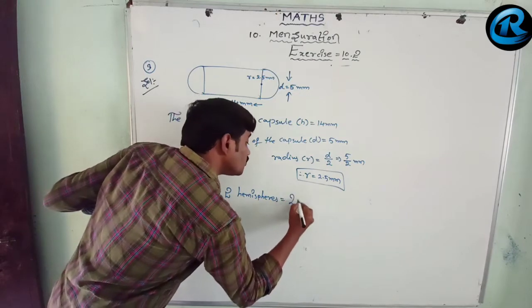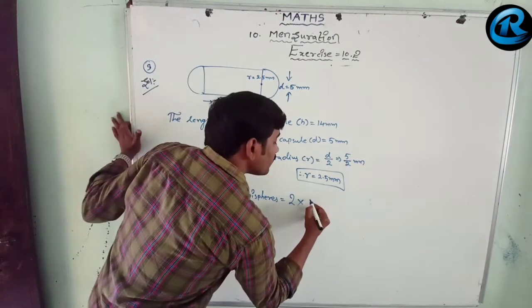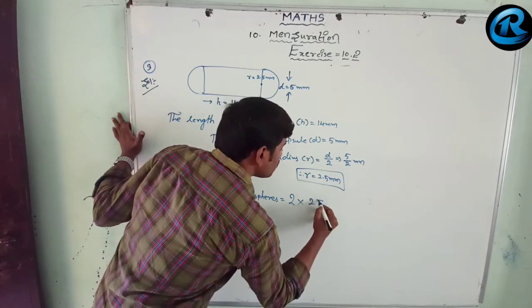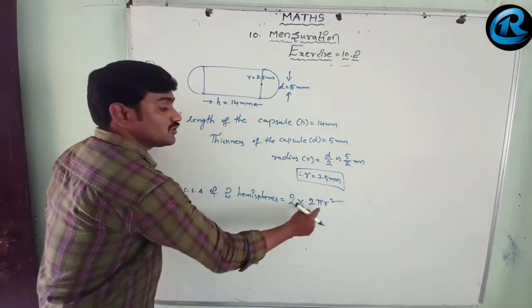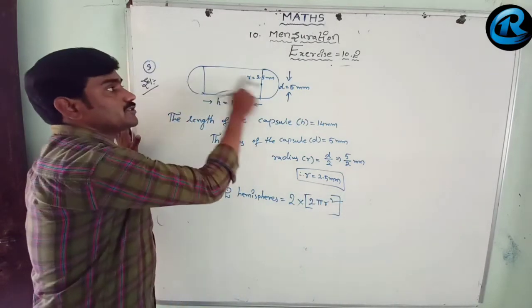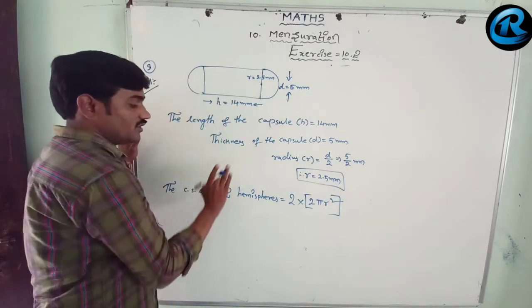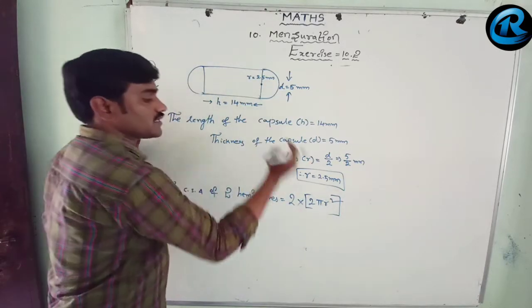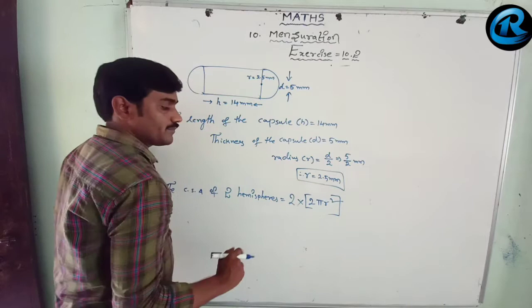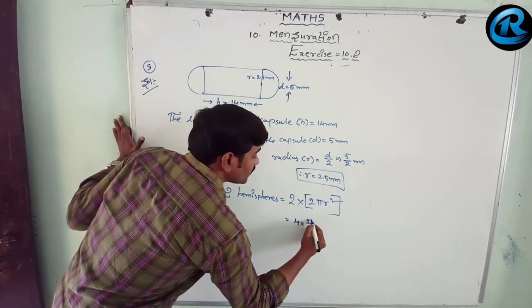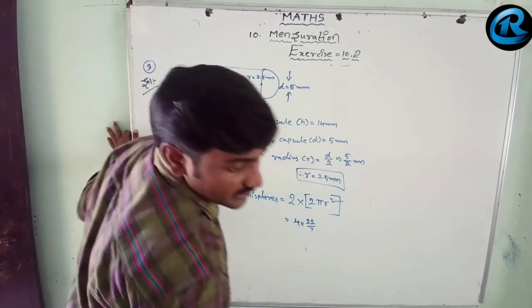equal to 2 into 2 pi r square. Why 2 into 2 pi r square? Because here two hemispheres are there. If it's only one hemisphere, we would have written 2 pi r square. But here two hemispheres are there, that's why 2 into 2 pi r square. So 2 into 2, that is 4, into pi value, that is 22 by 7. Has he asked you to use 3.14?